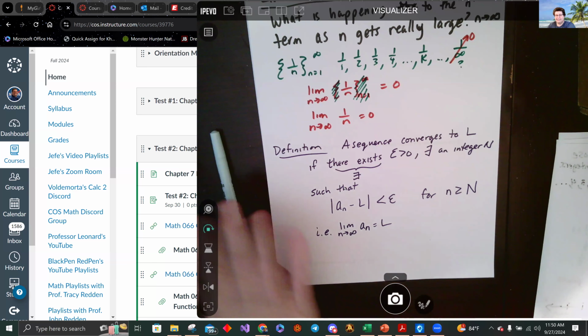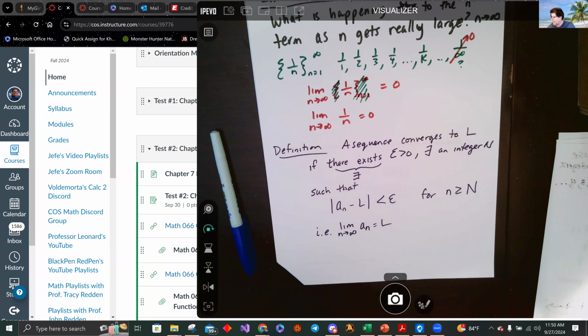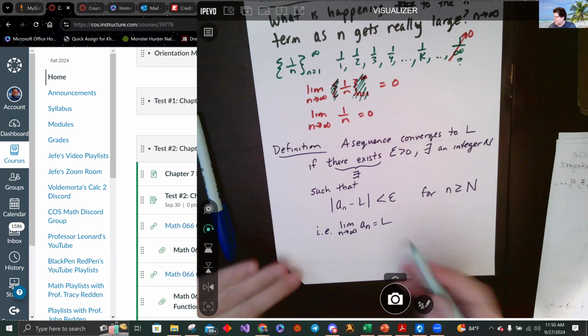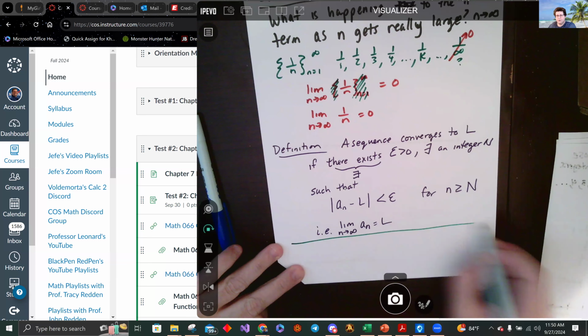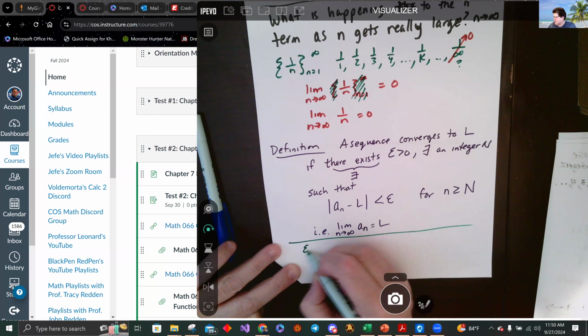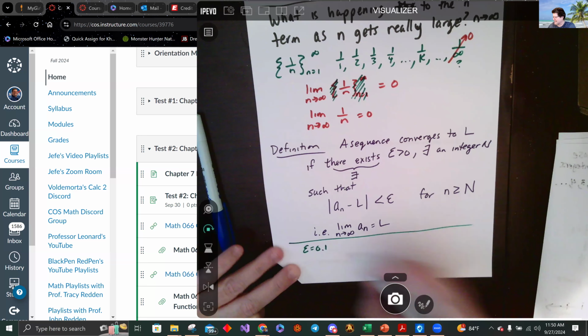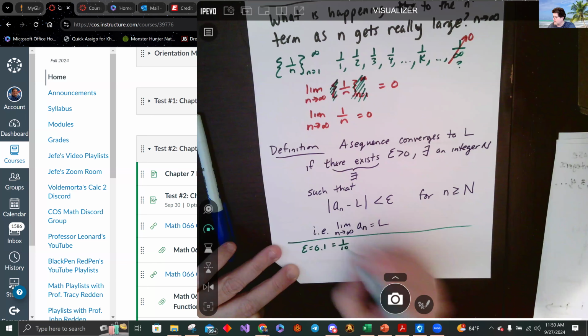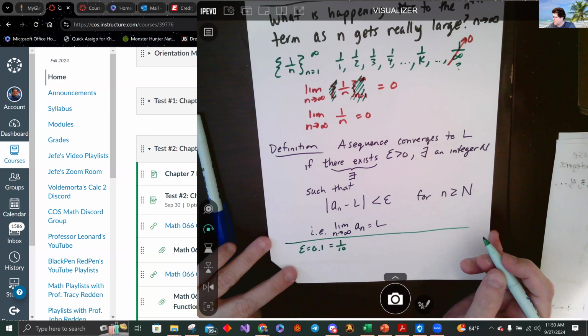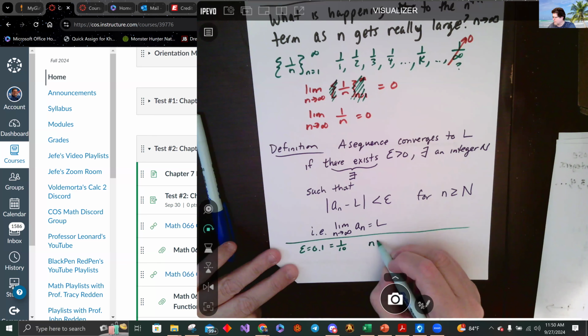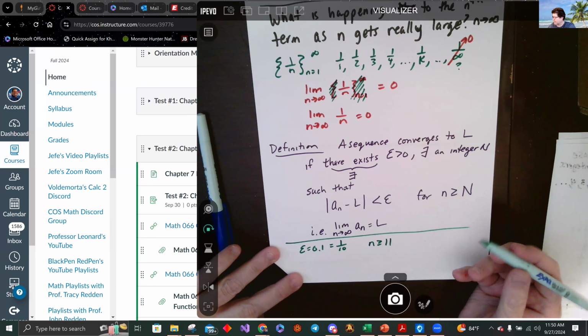Just to give you a little example of what we had up there, maybe we say epsilon is, comparing this to our previous thing, epsilon is 0.1, which is 1/10. So when n is greater than, I don't want greater than or equal to 10, because otherwise I'm not going to get it. Let's go 11.